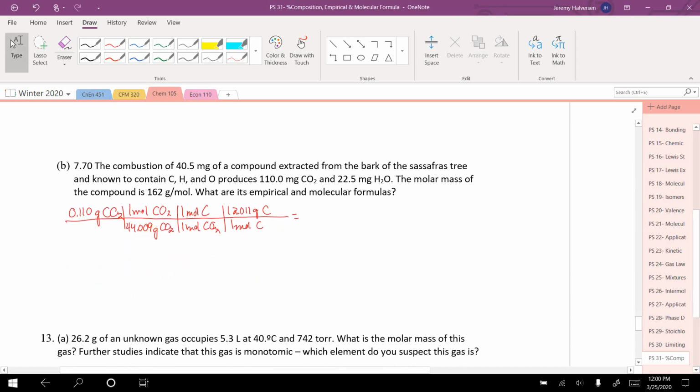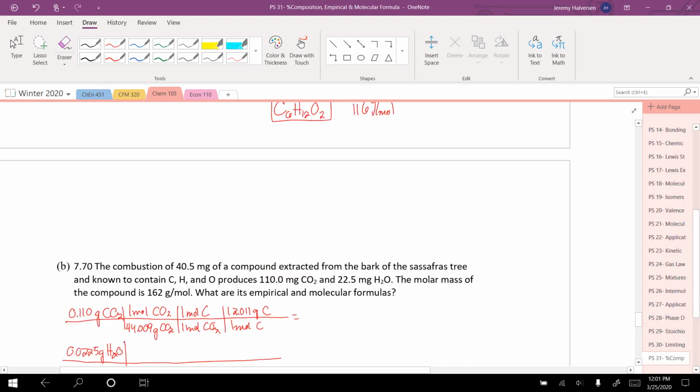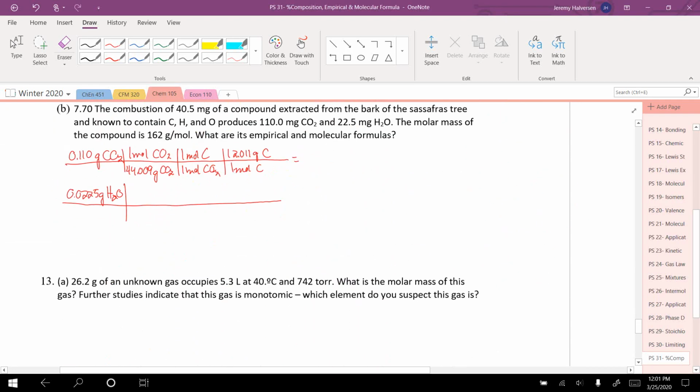Okay, I have 0.0225 grams of water. Water's molecular mass is 18.015. A mole of water has 2 moles of hydrogen. 1 mole hydrogen is 1.0079 grams.